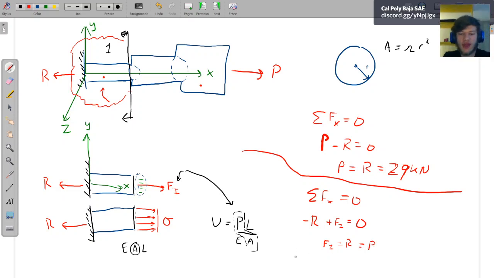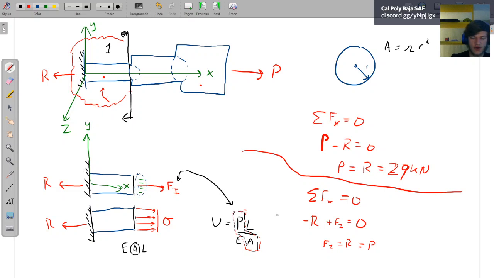And I know that this is a valid assumption because where I split this free body diagram, where I made my cut, I know there has to be some stress there, which resolves here.